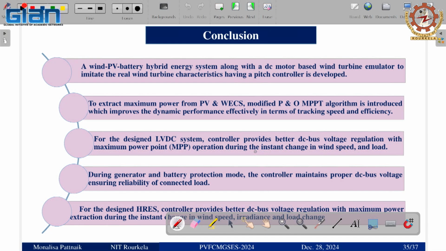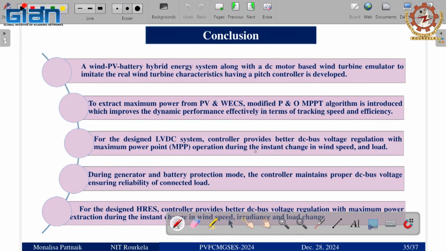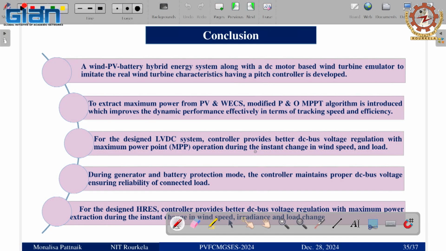These two words are the same. Whatever power is available, we are not operating at that, we are operating at a reduced condition, or off-MPPT. I already discussed these and it is summarized in this last slide.